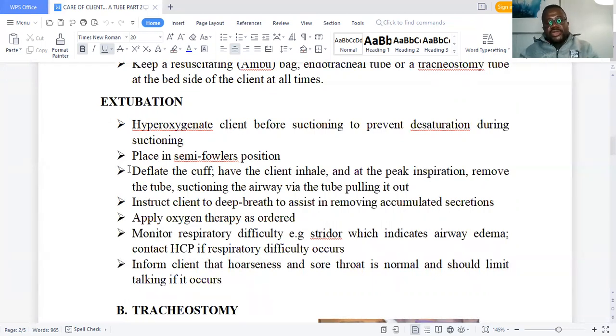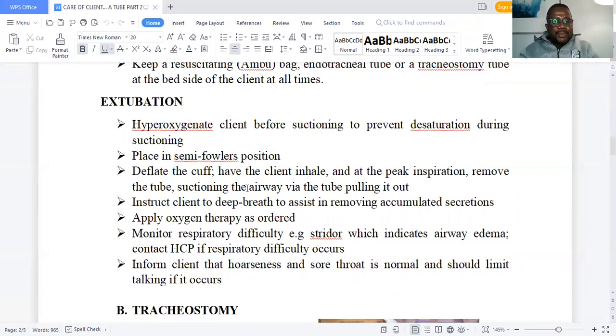The saturation is bound to drop a bit. So you have to hyperoxygenate the patient, give 100% oxygen.